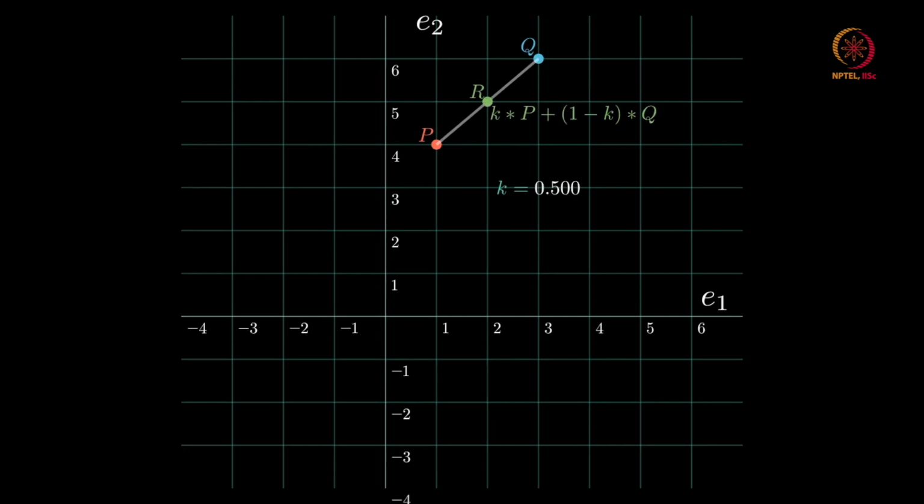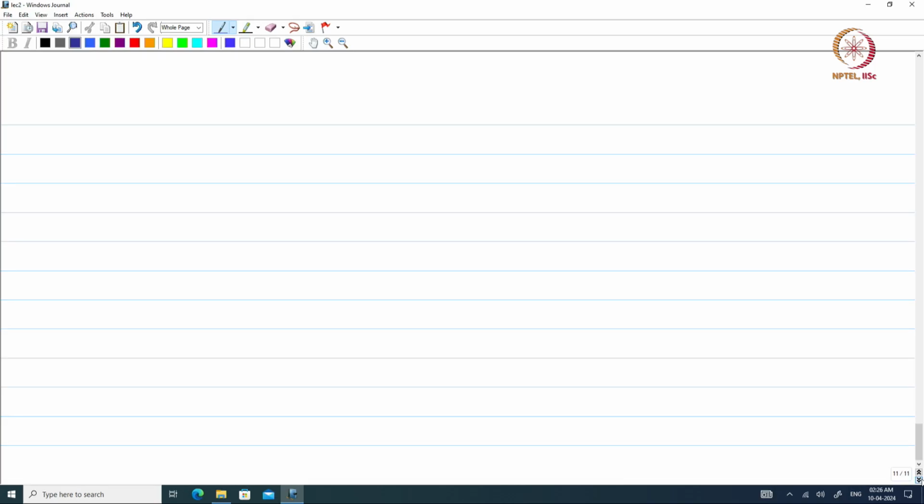Now we want to look at the idea of combining vectors. What is it to say combining vectors? We are going to discuss only 2 component vectors for now.